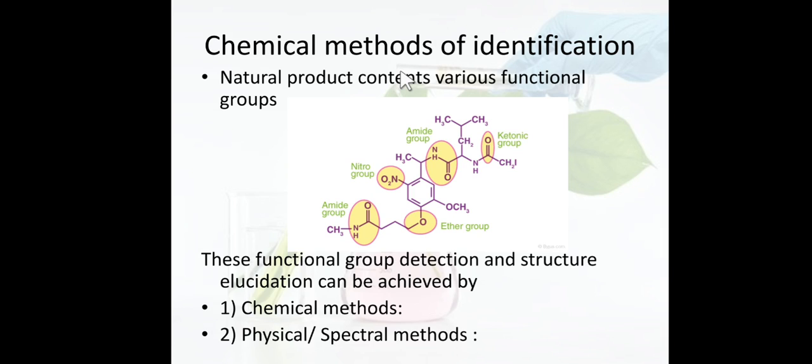As you know, natural products contain many organic functional groups, so we can do derivatization or some confirmatory test for the identification of functional groups. So let's see the tests available for natural product identification.